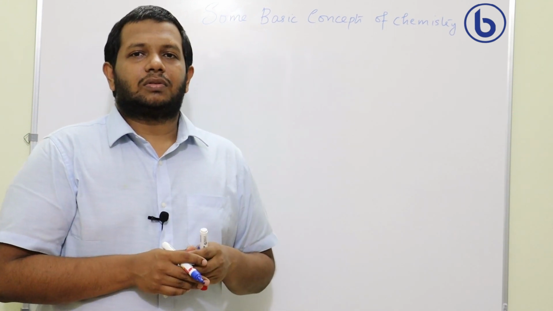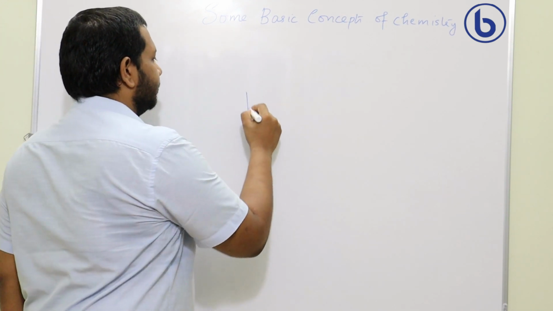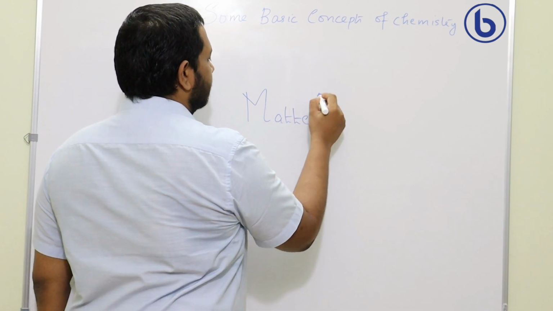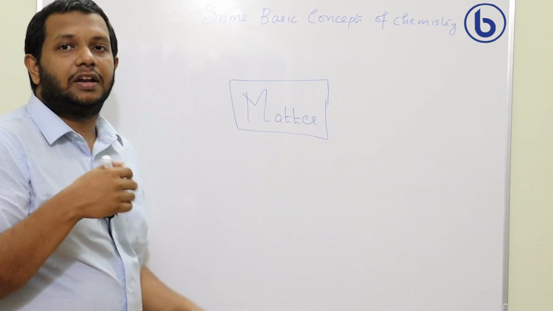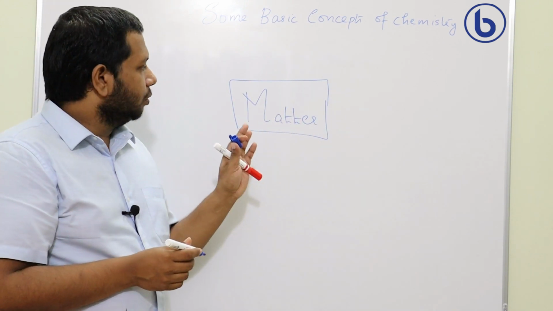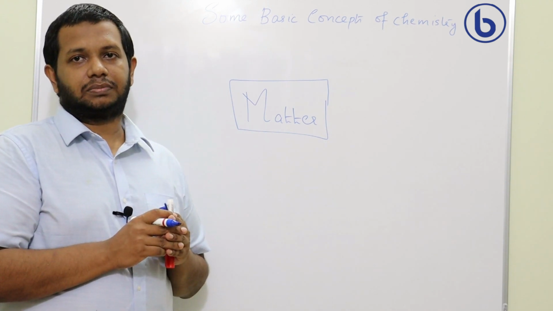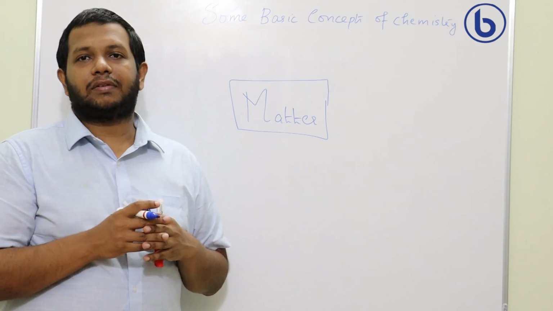So here I am starting with the concept called matter. Everybody might have heard this term matter many times on different occasions. Matter is something that occupies space. What is matter made up of?